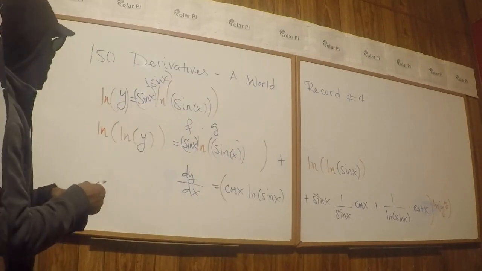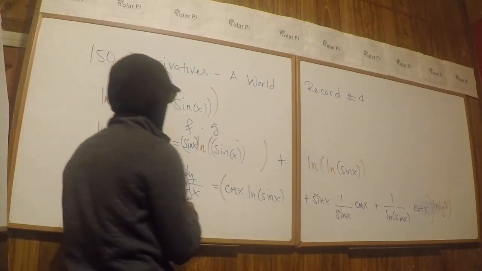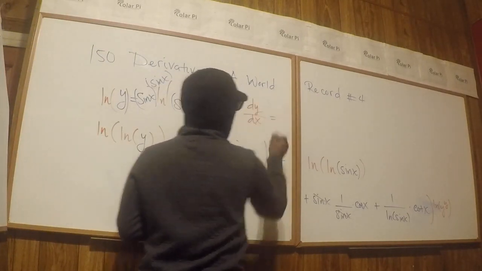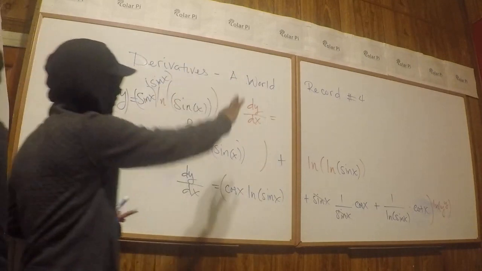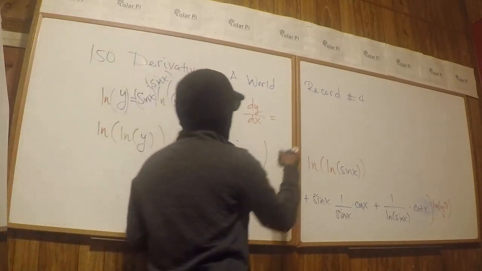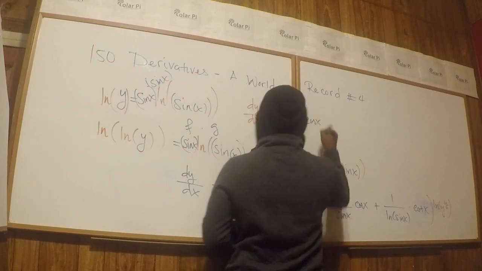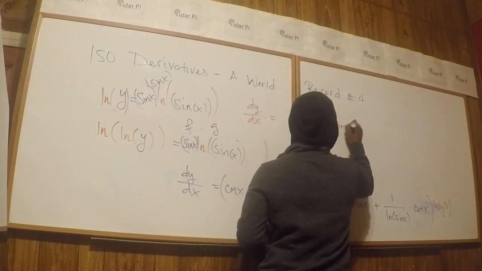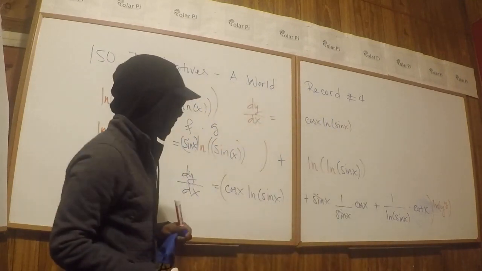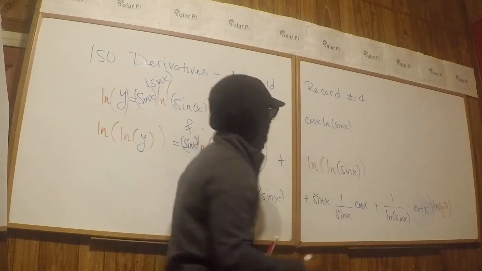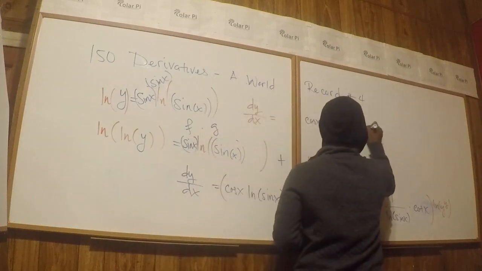So then we see that dy dx, I'll write it right here, is equal to, I think we have enough space to fit it because it simplifies pretty nicely. It's going to be cos x times the natural log of sine x, plus cos x.